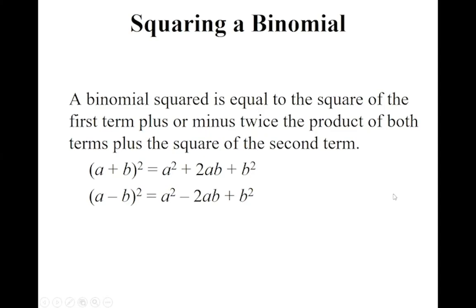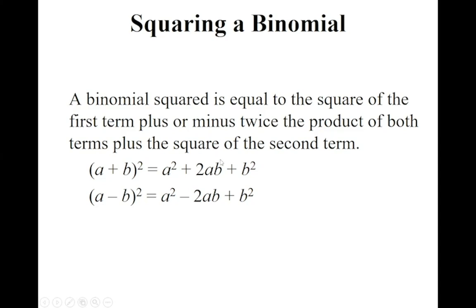Objective 3 in this topic is square binomials. A binomial squared is equal to the square of the first term plus or minus twice the product of both terms plus the square of the second term. So when we see a plus b squared, that's not a squared plus b squared.